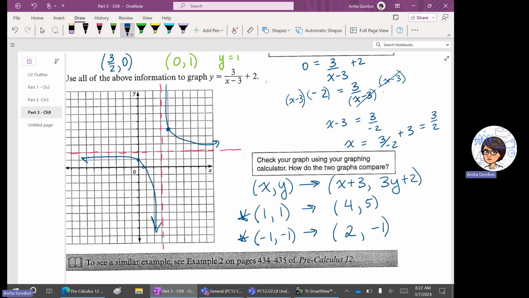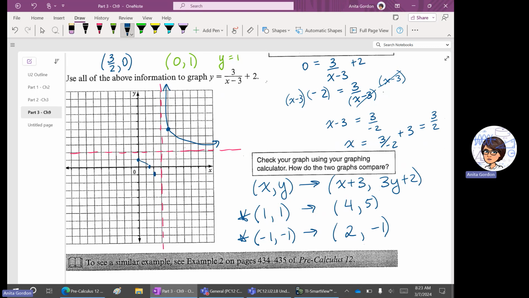There we go. It didn't ask us to do this, so again, if it doesn't ask you to do this, you don't have to. But I'm just trying to show you ways that you can draw a more accurate graph if you've got time and are interested. Let me just double check my points here. Oh, my x-intercept, I put it at 1/2 instead of 1.5.